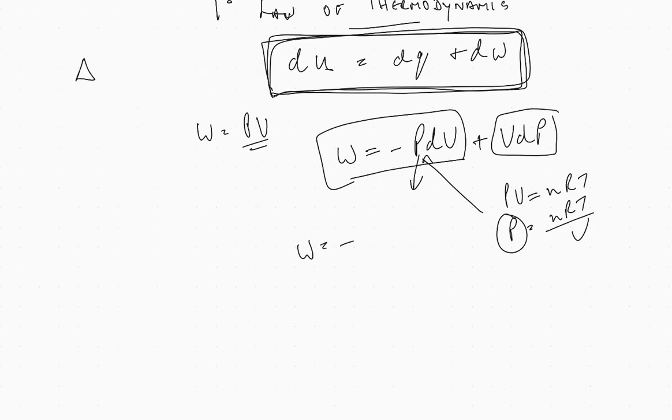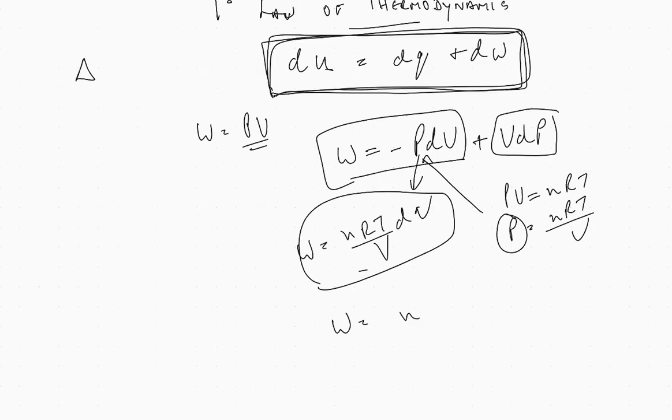If I take it here, first putting n, from this we get an equation where the work equals nRT. Whether you get a positive or a negative value depends on which way the work is going. So remember these two.